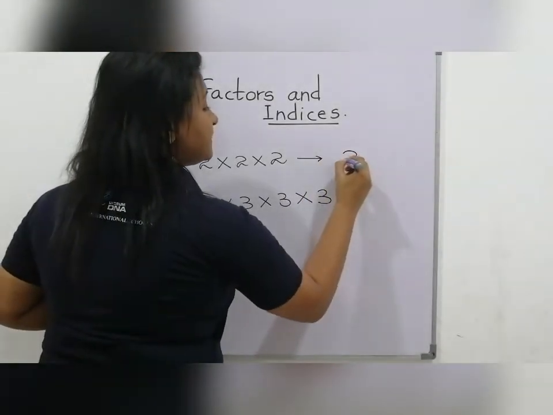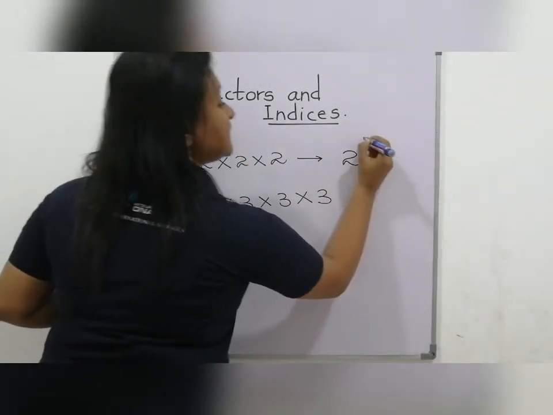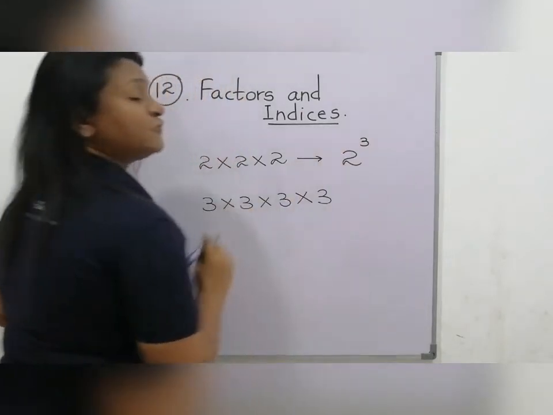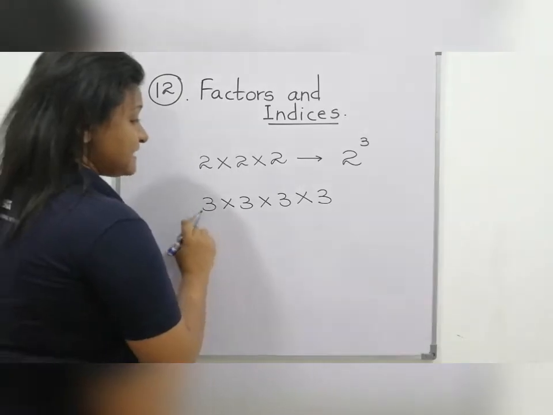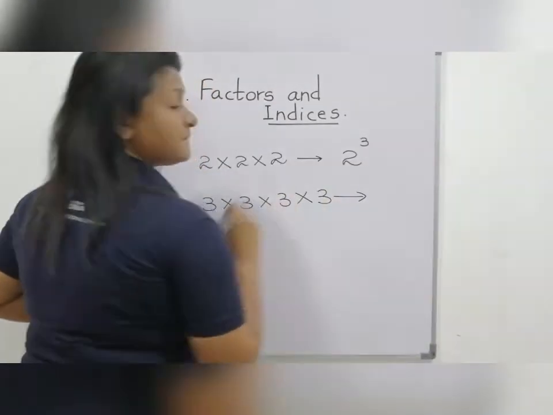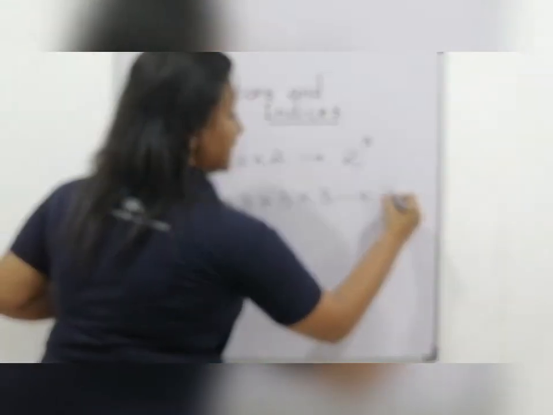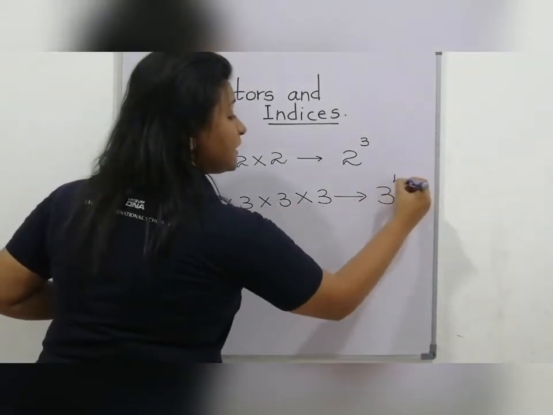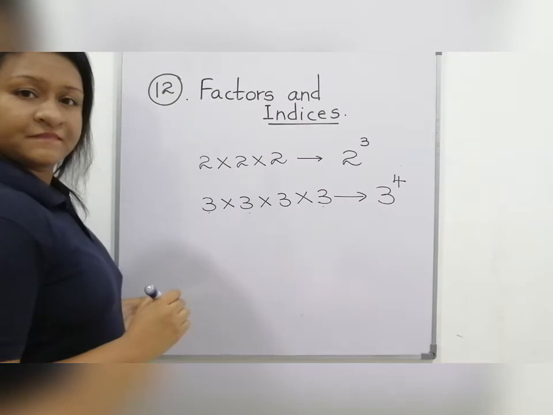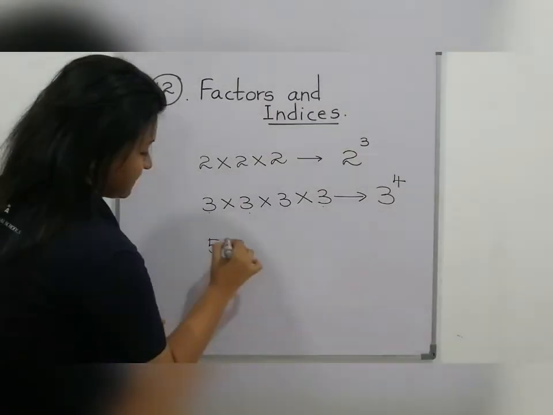This is number 2. It is repeatedly multiplied 3 times. Then this is number 3. It is repeatedly multiplied 4 times. We will just take another number.